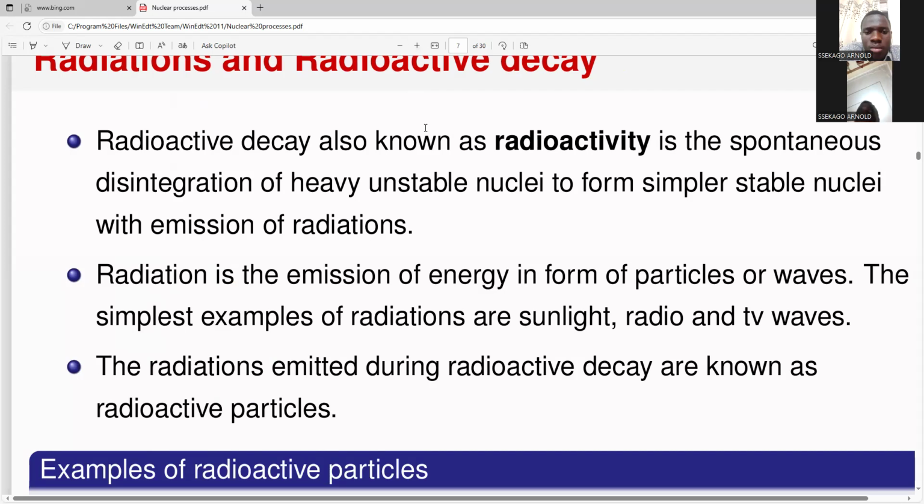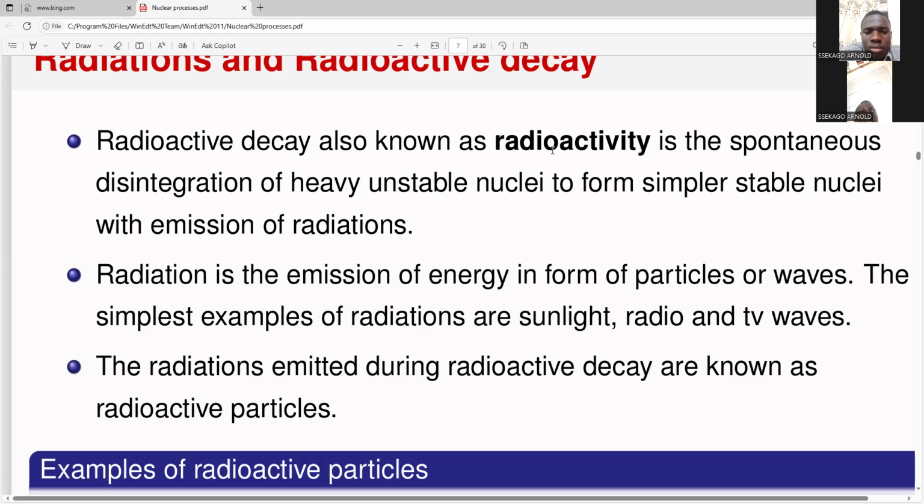We saw that radioactivity is the spontaneous disintegration of the nucleus of a heavier atom to form simpler stable nuclei. But the process is accompanied by emission of radiations. So during radioactivity, we have something huge breaking down to give us something which is small and stable.